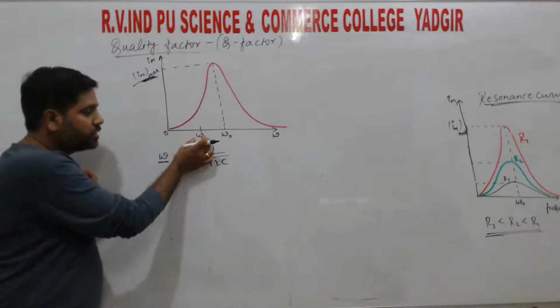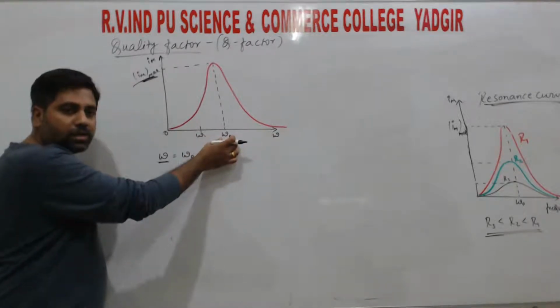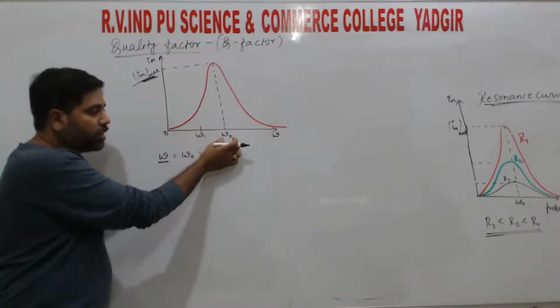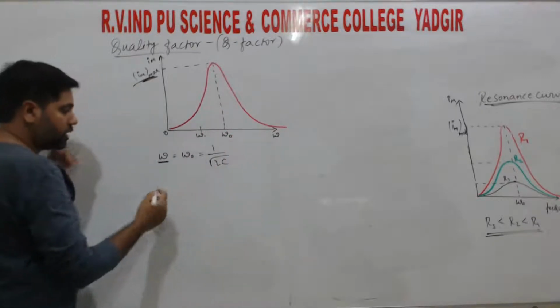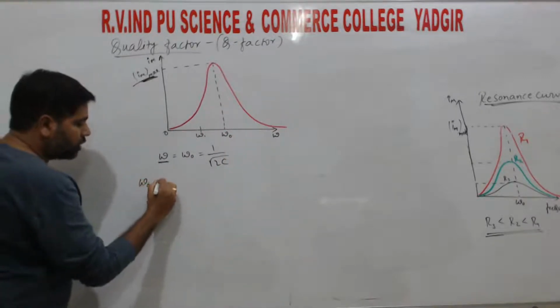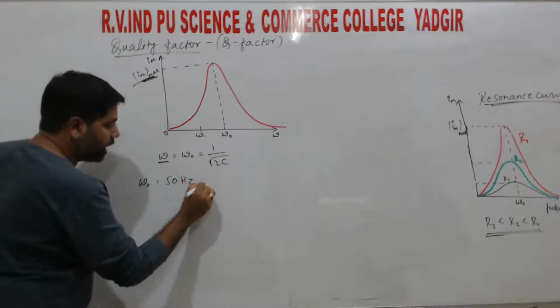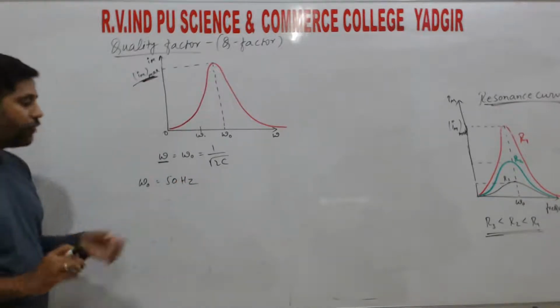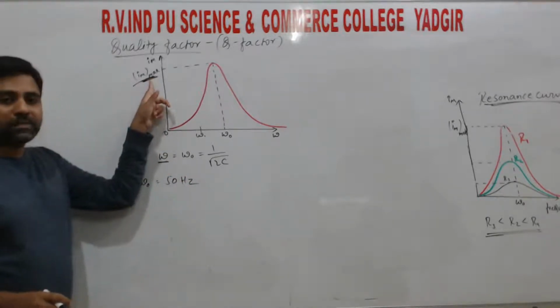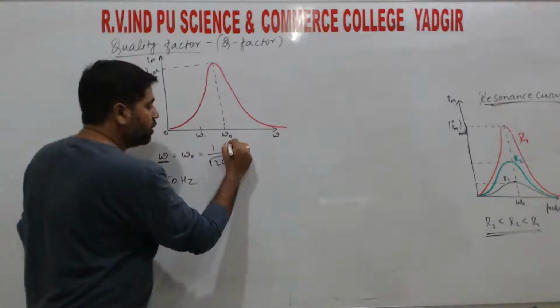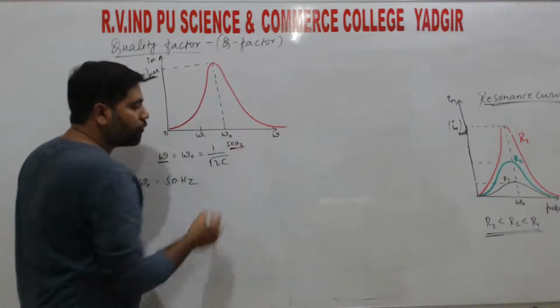So this frequency is other than the resonant frequency. For example, omega naught is equal to some 50 hertz, right? So at this 50 hertz we got the maximum current. That means here we have the frequency of 50 hertz.